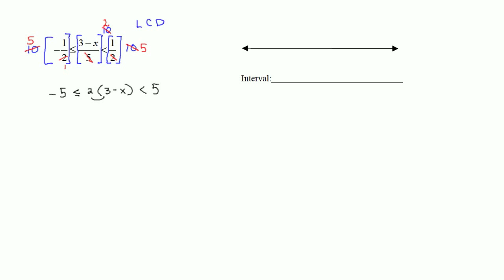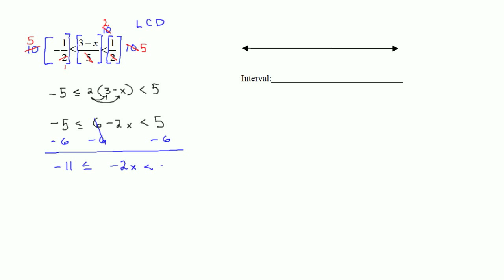I'm going to choose to distribute this 2 into the parentheses here to give us negative 5 is less than or equal to 6 minus 2x, which is less than 5. And now I can start focusing on moving things away from x. I'm going to start by subtracting 6 in all 3 places to give me negative 11 is less than or equal to negative 2x, which is less than negative 1.